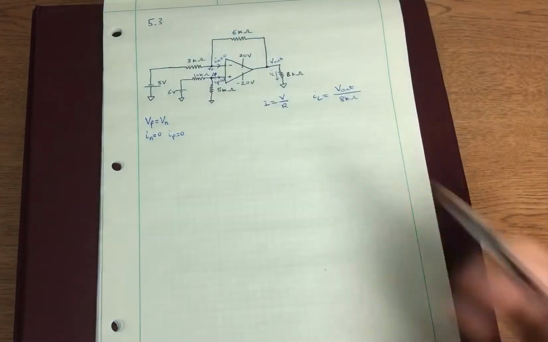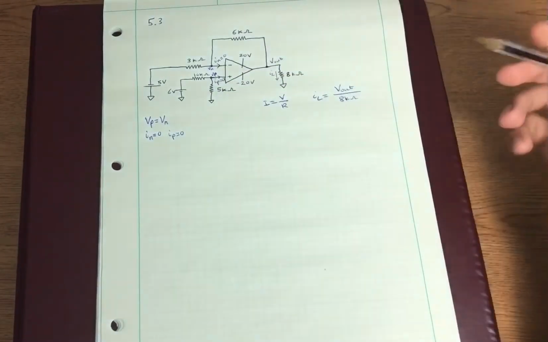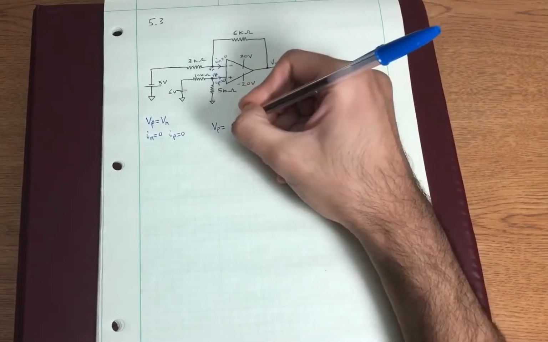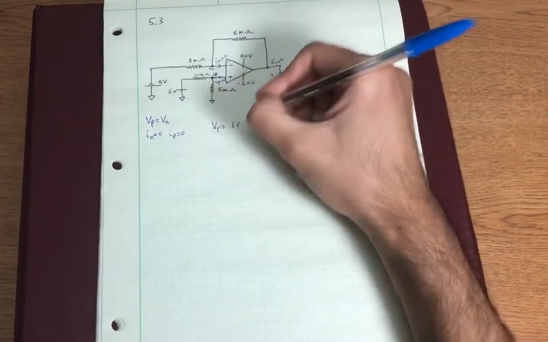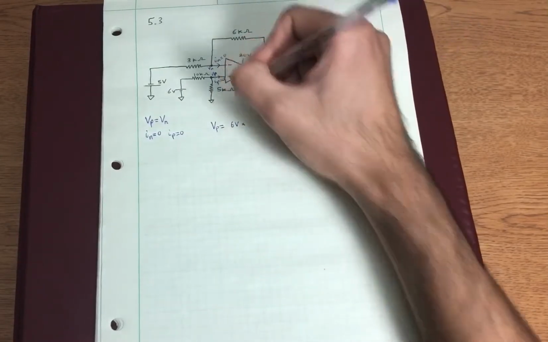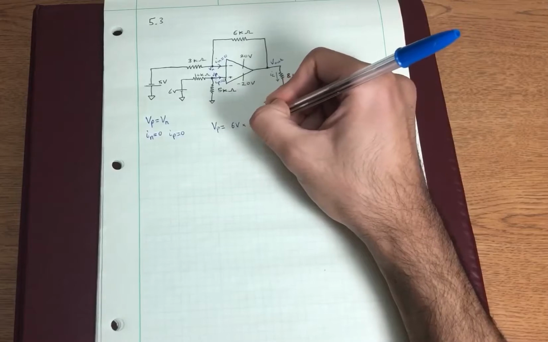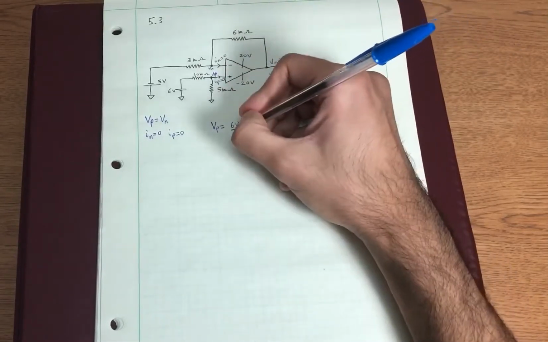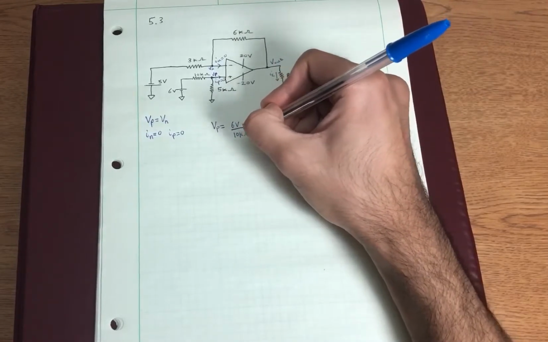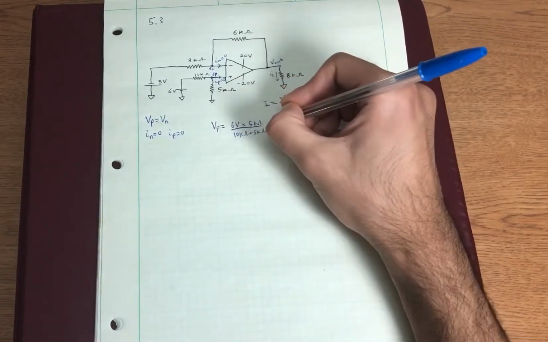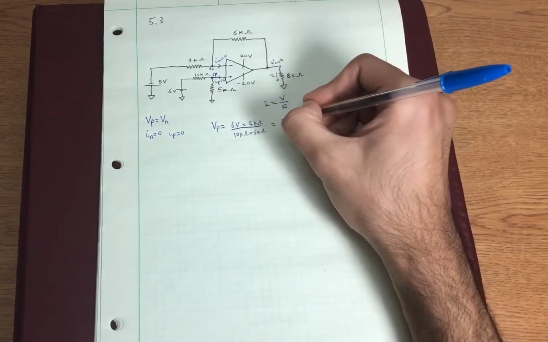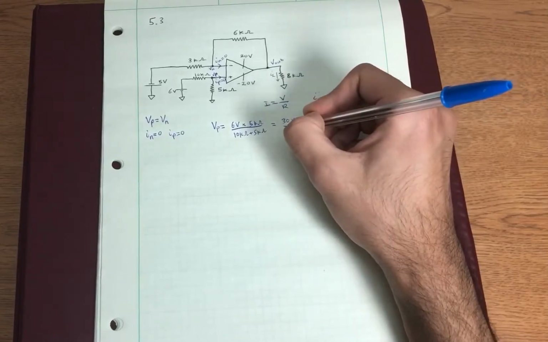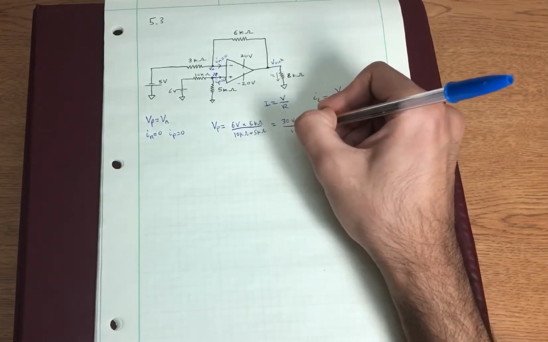So let's use our voltage divider to calculate the voltage Vp across this 5 kilo ohm resistor. So we know that our voltage Vp is going to be equal to our source, 6 volts, times our resistor, 5 kilo ohms, over the sum of the two resistors, 10 kilo ohms plus 5 kilo ohms, which equals 30 volts times kilo ohms over 15 kilo ohms.